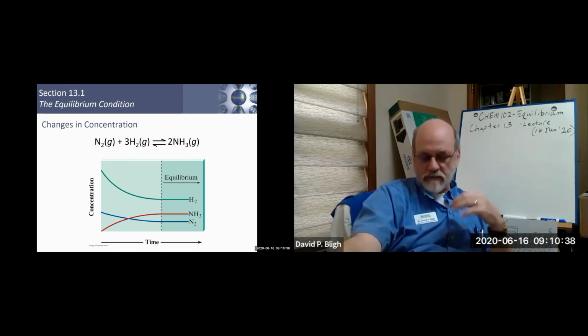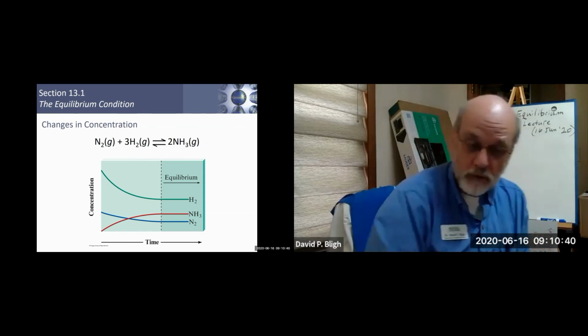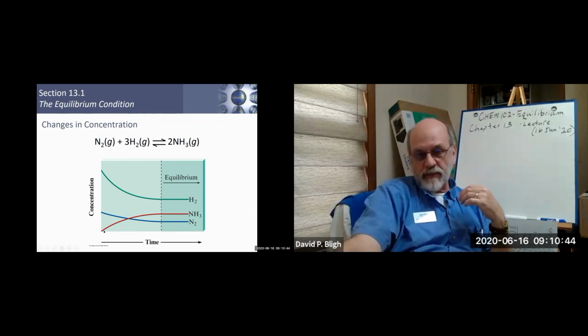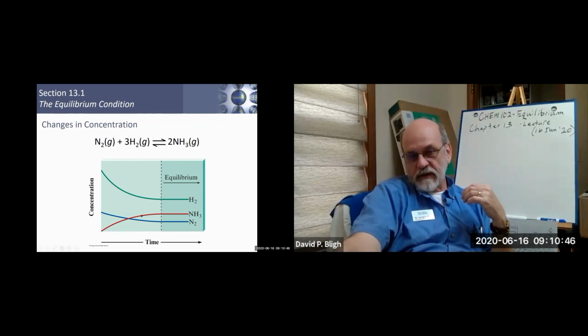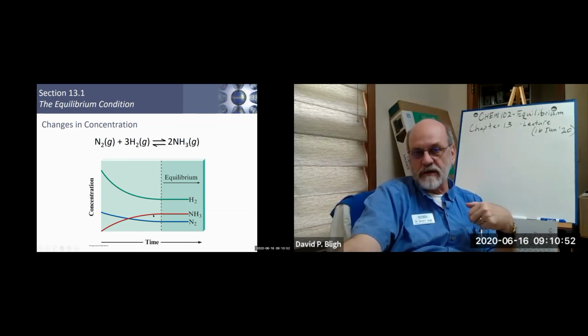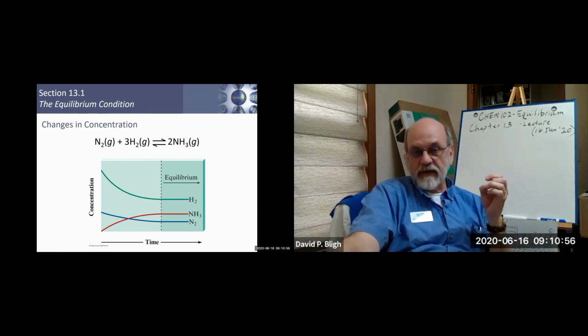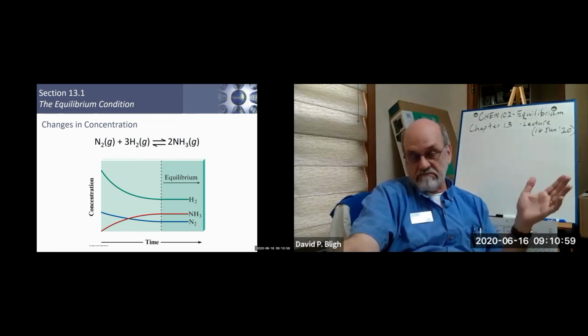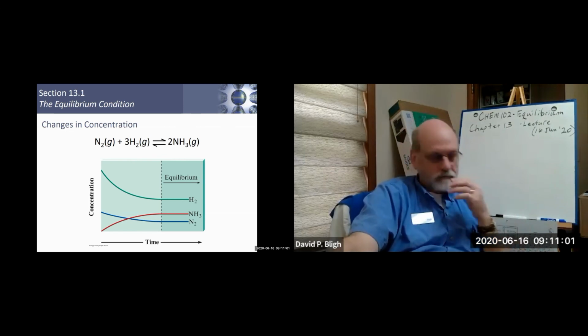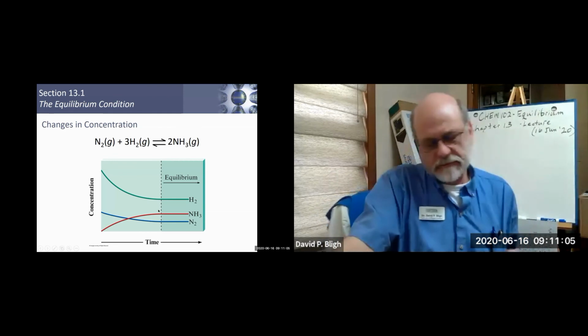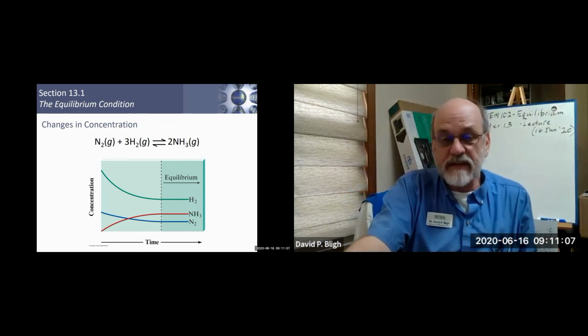And that's for good reason, because once you start building up products, you reach a point where the reverse reaction is balanced against the forward reaction. Then the kinetics appear to just sit there and do nothing. But we know that there's a lot of activity underneath.